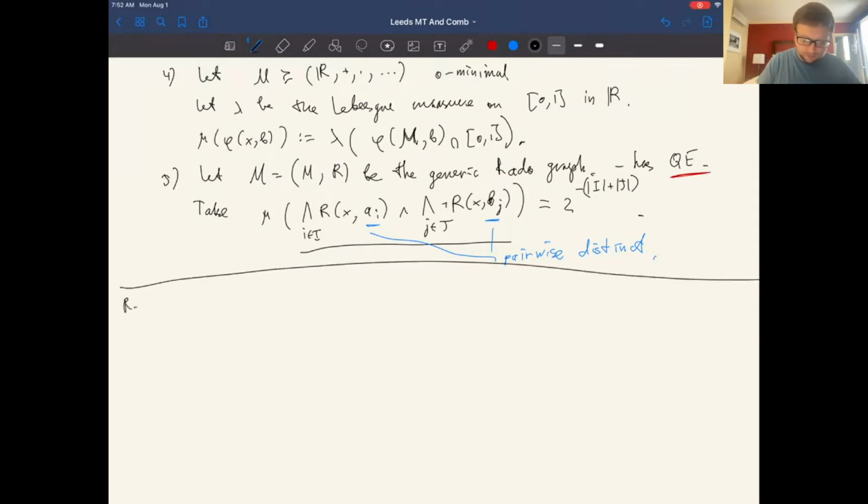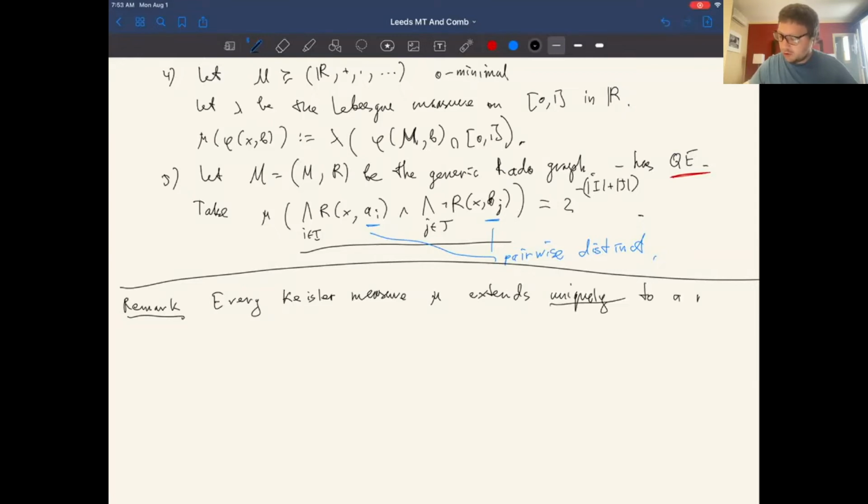So, remark: every Keisler measure mu extends uniquely to a regular probability measure on the Borel subsets of the space of types.